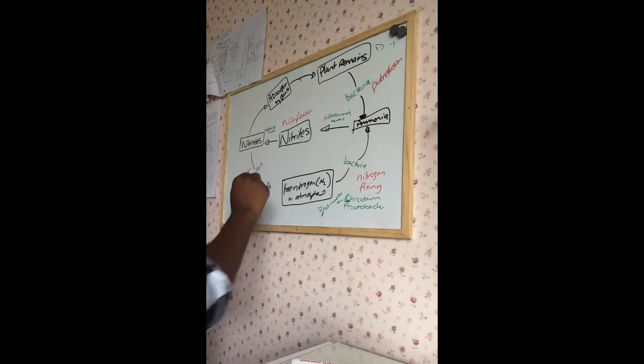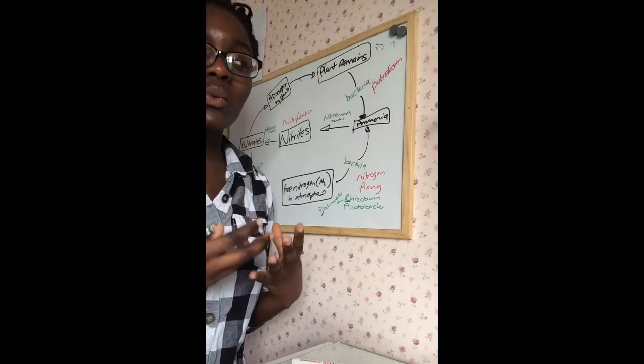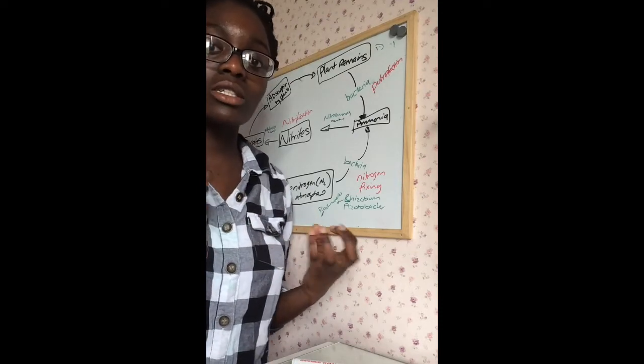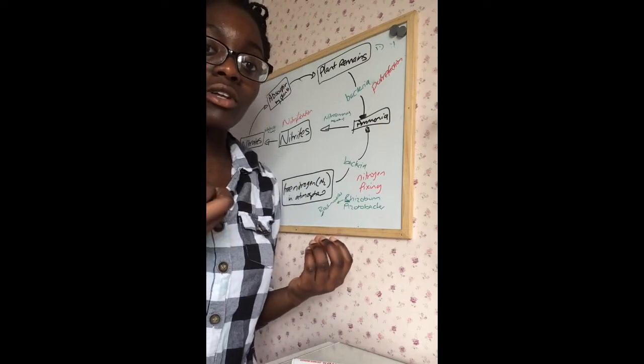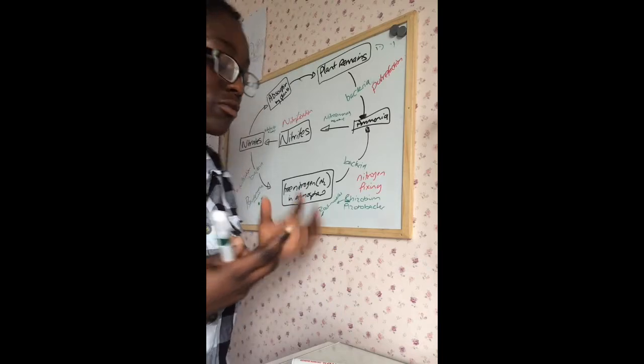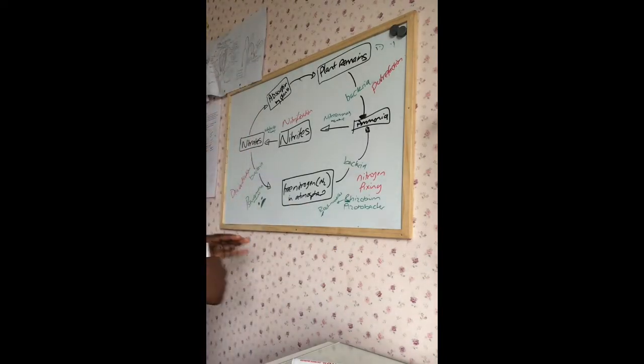Denitrification is what you don't want if you want your soil to be fertile. You want to stop the production of nitrogen, and you want to encourage the production of nitrates for the plants to absorb.